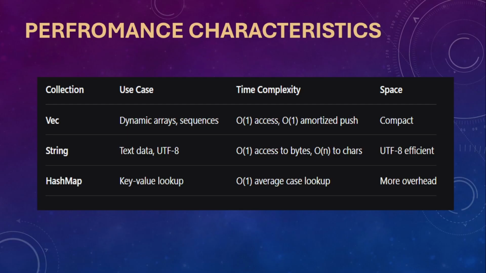Before using any collections in Rust, you must consider their performance characteristics. Vectors are useful in cases where dynamic arrays or sequences are required.